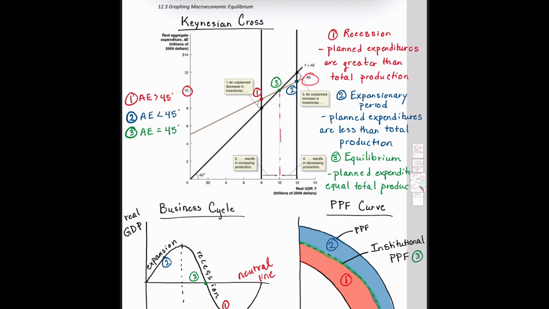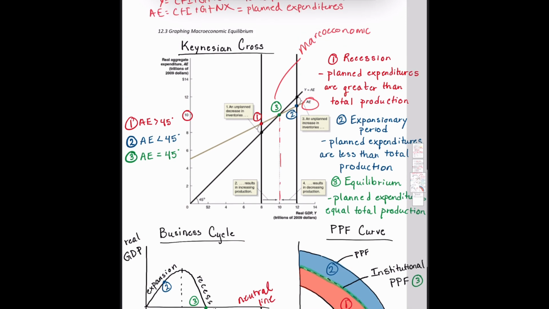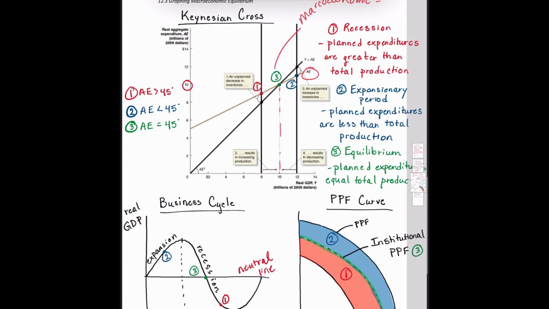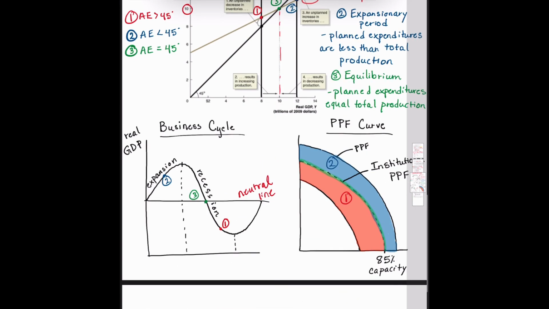So, one more thing I want to talk about related to the Keynesian cross is that it is related to the business cycle and the PPF curve. So at macroeconomic equilibrium, point 3 here, that is also at our neutral line within the business cycle here.